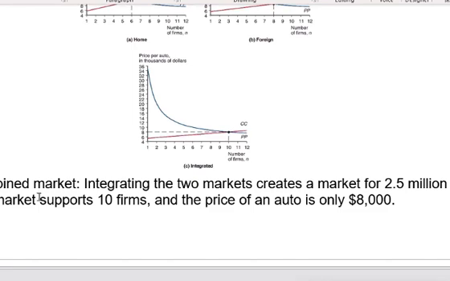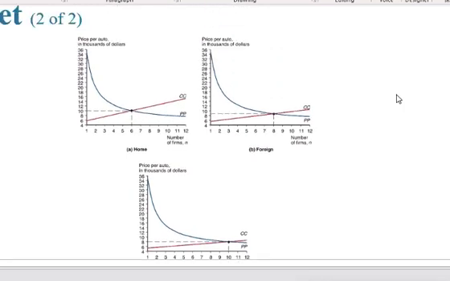C is the combined market. Integrated, the two markets create a market for 2.5 million cars. The market supports 10 firms, and the price of a car is only about $8,000. So what is interesting here in the graph is this. Before international trade, how many firms are operating?